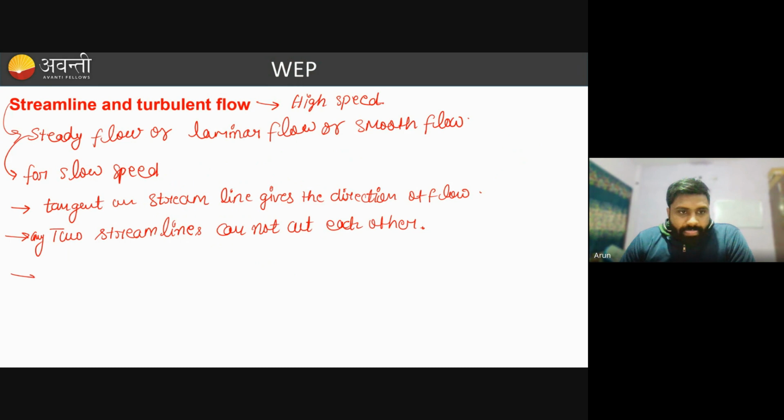Okay. More streamlines means more density.